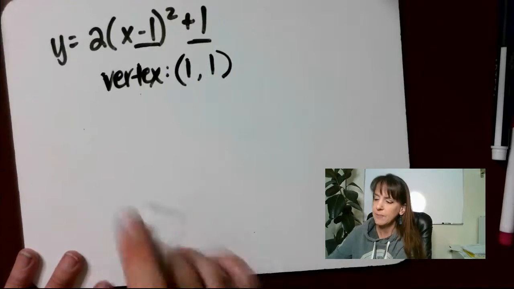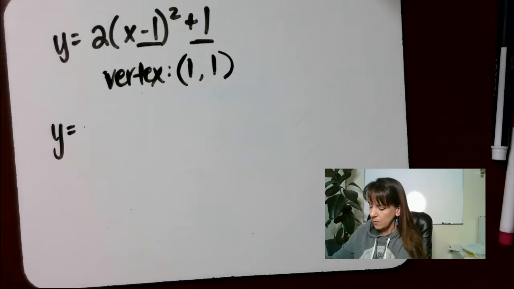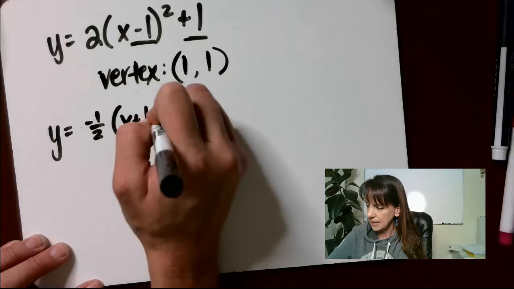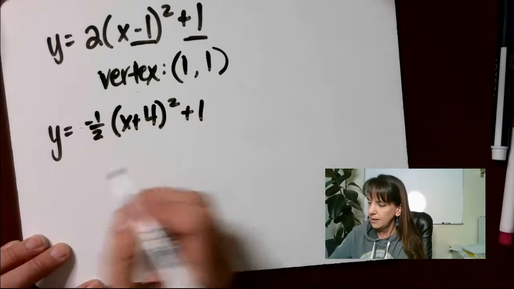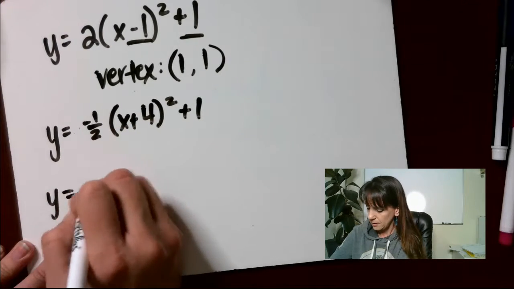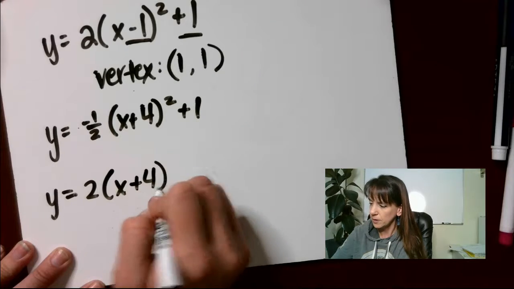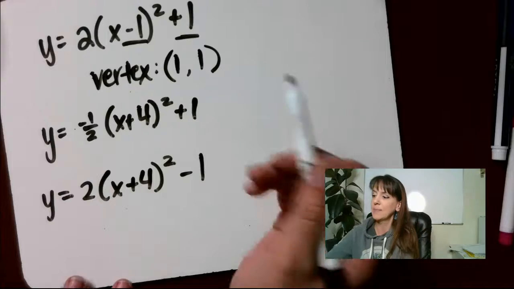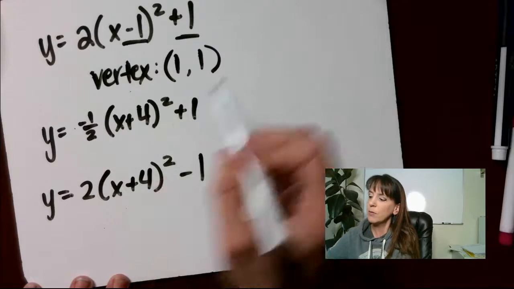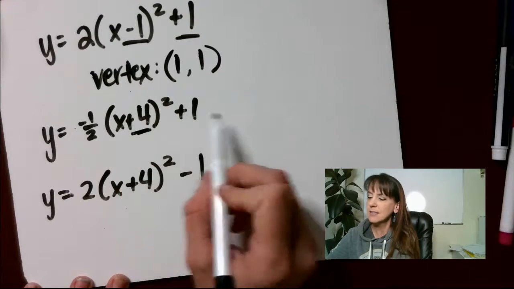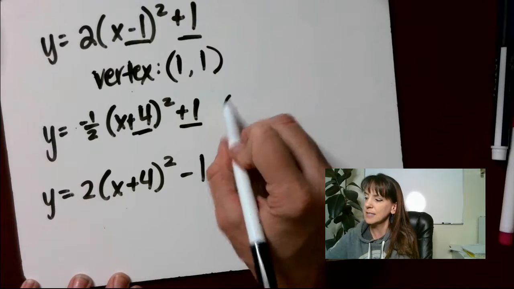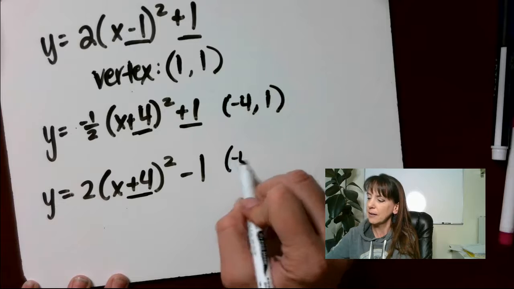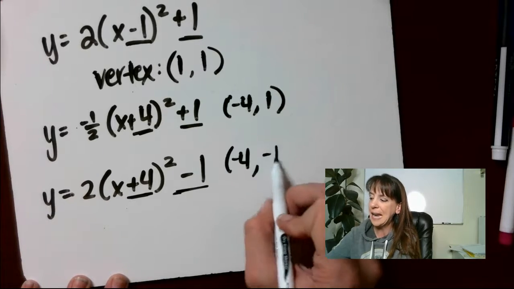Now I want you to identify the vertex for these guys: 2 times x plus 4 squared minus 1. For this guy, again, opposite this, regular this. So that's -4, -1.